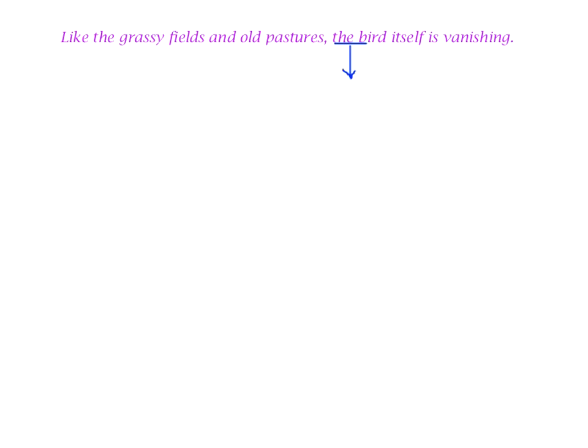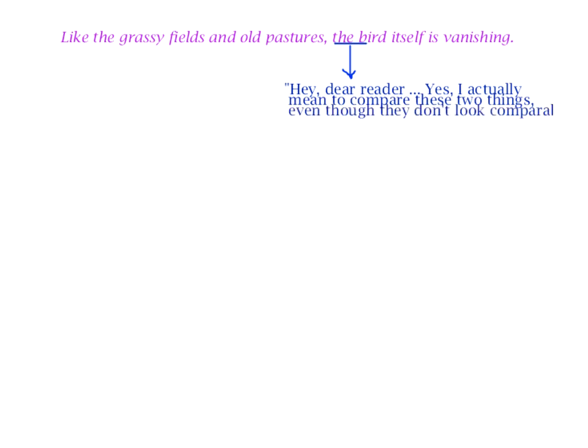So basically the function of this word in this sentence is saying, and again, they will not explicitly test you on this, but you just have to know that this is not wrong, is the point. And what they're doing with this word here is they're saying, hey, dear reader, yes, I actually mean to compare these two things, even though they don't look comparable.